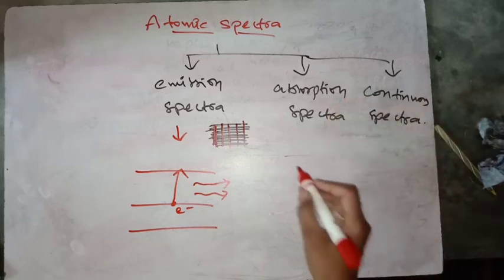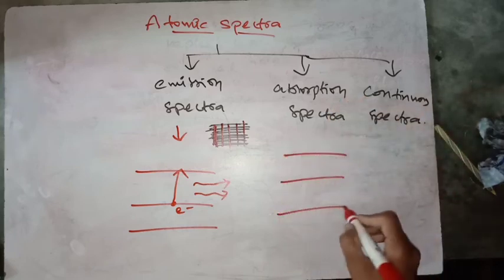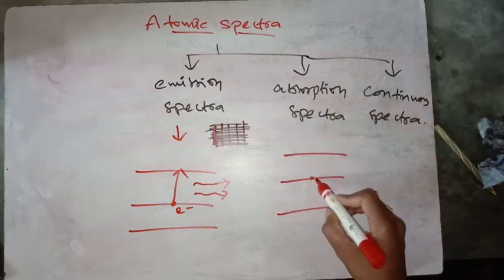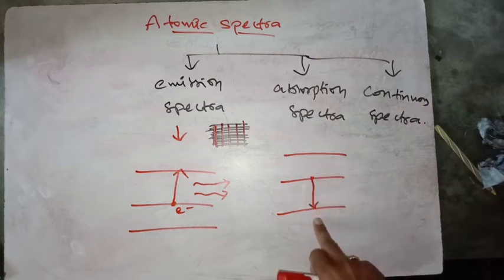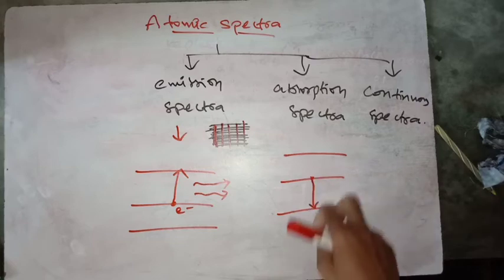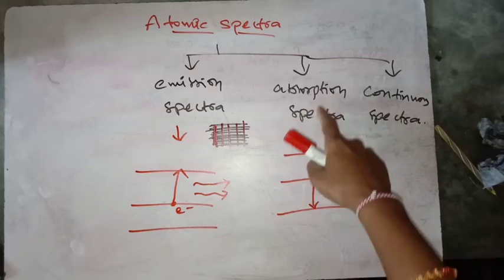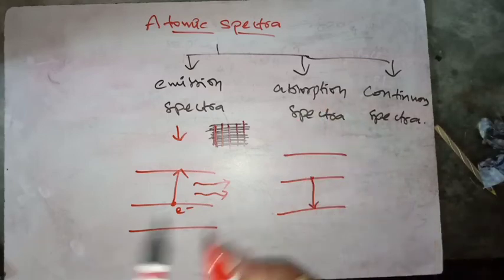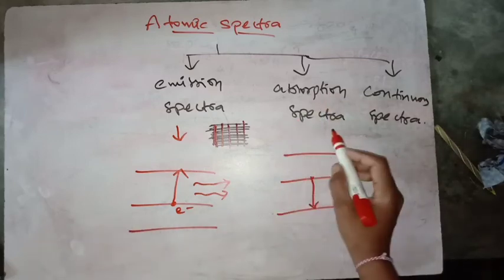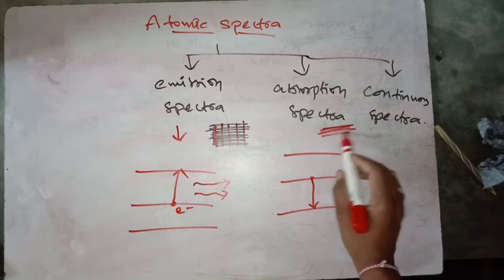Coming to the absorption spectra, when the electron moves from the higher energy level to lower energy level, then the observed spectrum is known as absorption spectra. You will find the dark lines on the bright background.